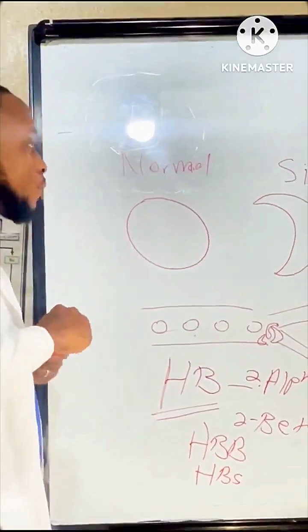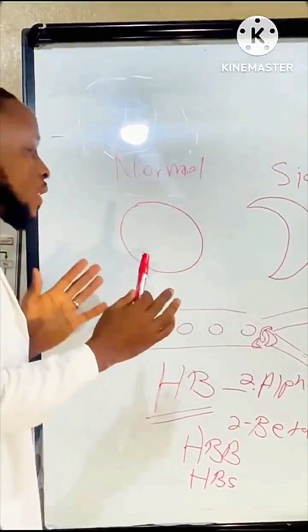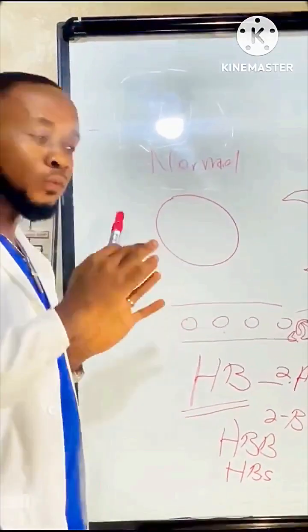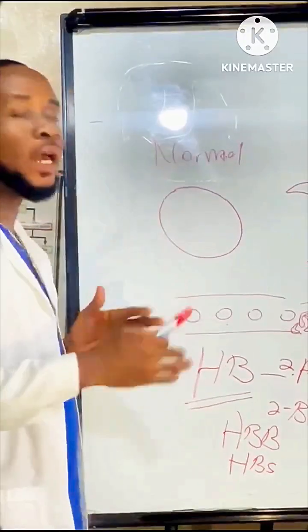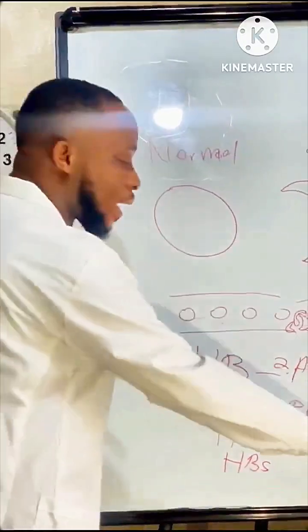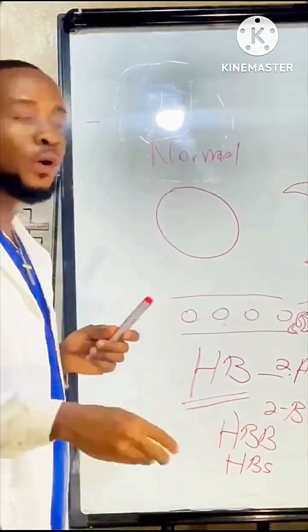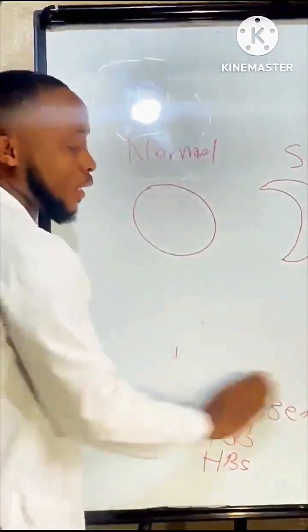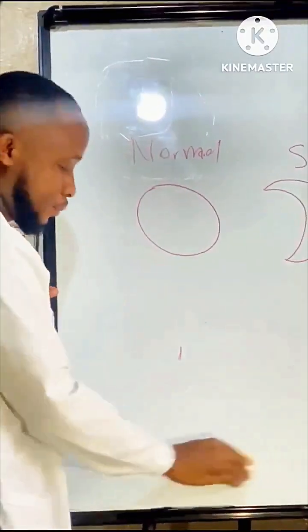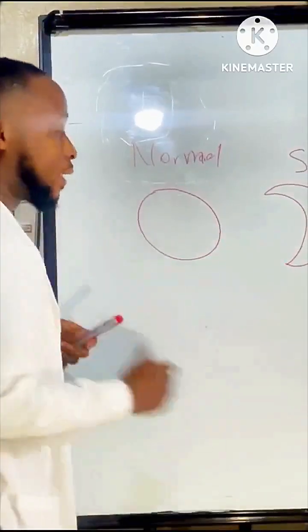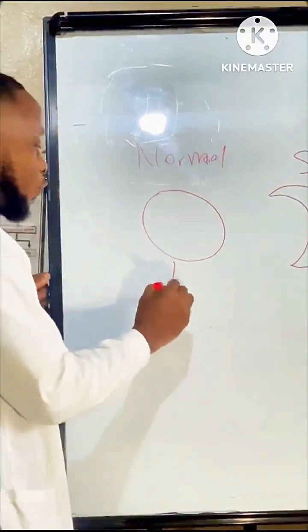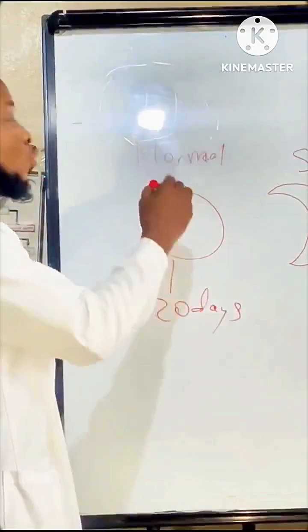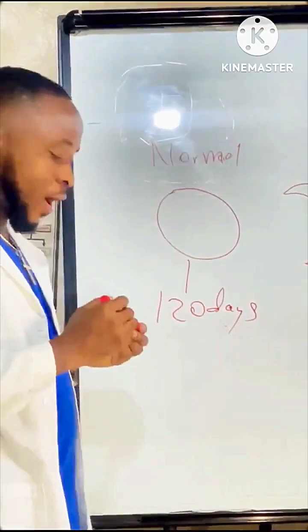Okay, so sickle cell is a disease that can cause frequent low blood. And how does it happen? Why is it that the person will be having frequent low blood all of the time? The reason is because of the lifespan. It takes about 120 days for normal cells to survive and die.